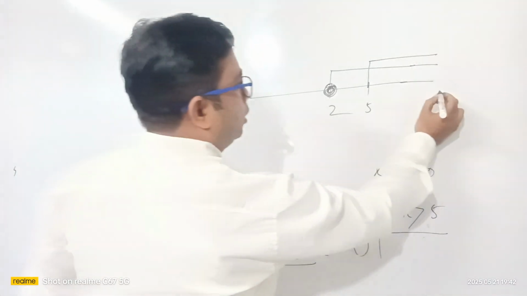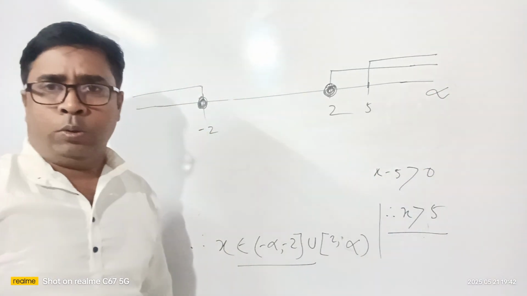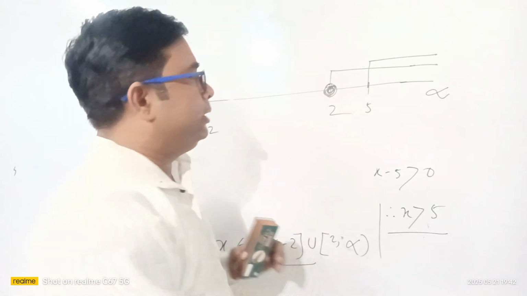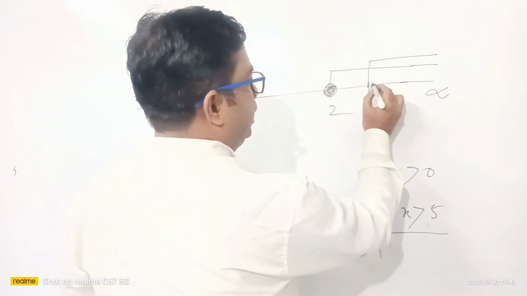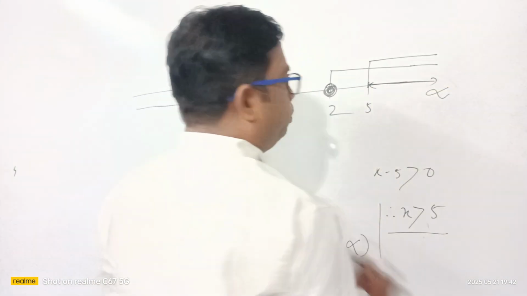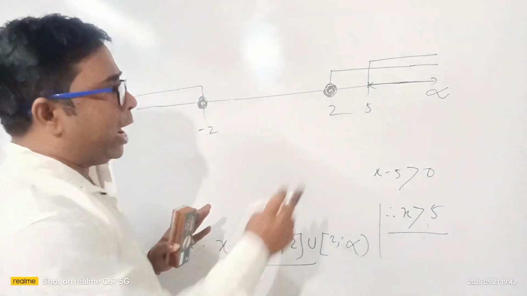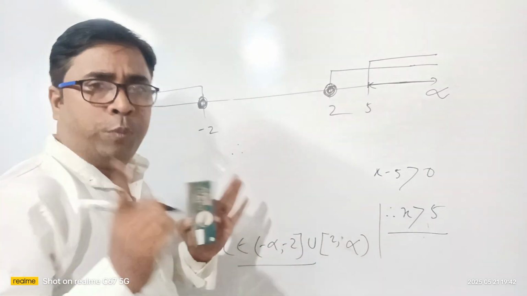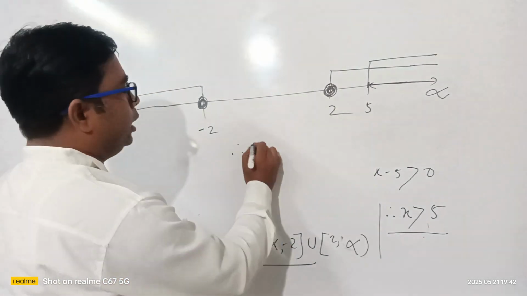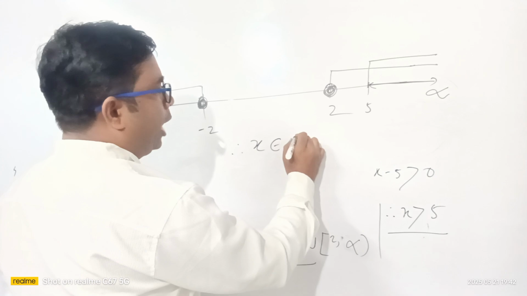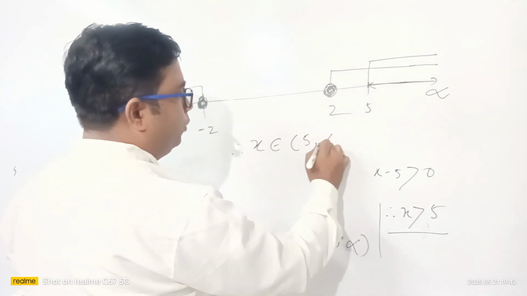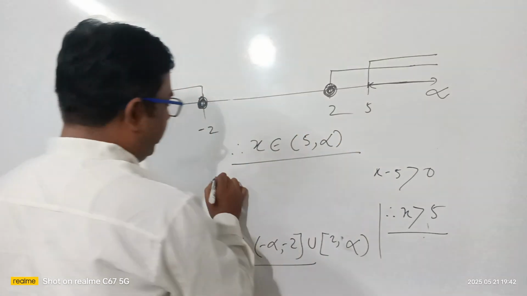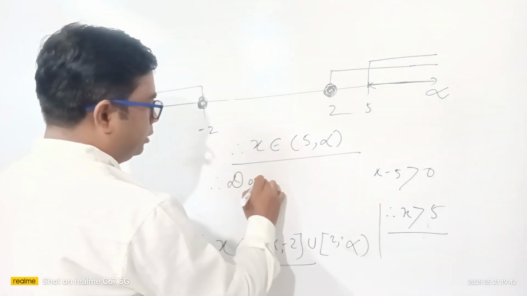So if we observe properly, we can see that this portion is the common part of both the intervals. That means 5 to infinity. So x belongs to 5 to infinity, and this is the domain of the entire function. So the required domain is 5 to infinity.